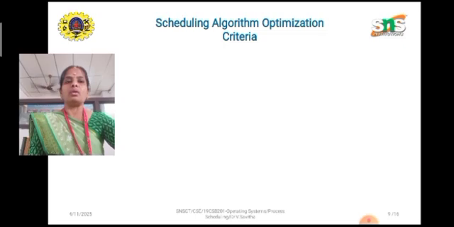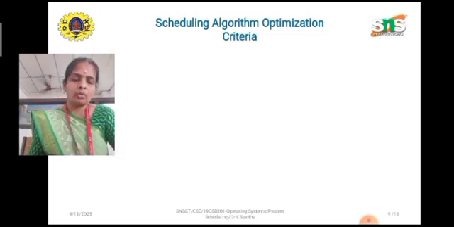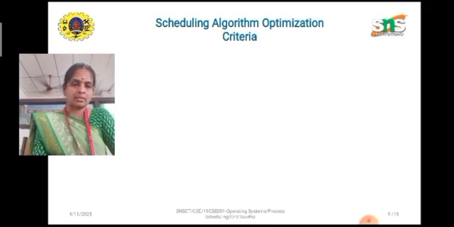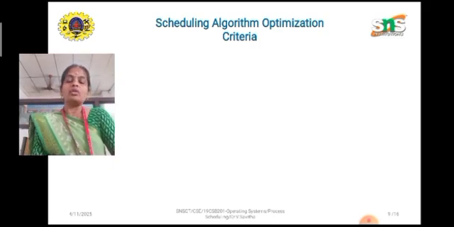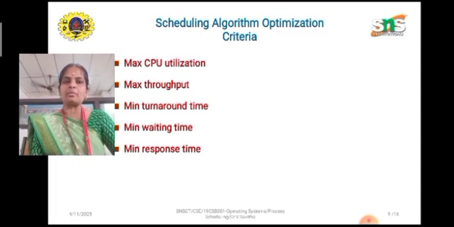Next, we'll move on to the optimization criteria. Optimization means how we identify which algorithm works best. If an algorithm is the best one, it must produce the optimized output. First, the CPU utilization should be maximum, and thereby the throughput should also be maximum.